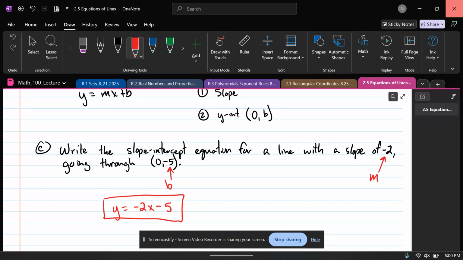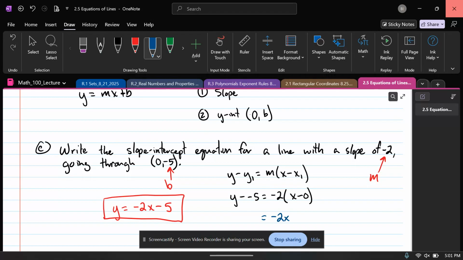Now, the neat thing is, if I started with point slope form and did this same work, I'd put y minus -5 is equal to -2 x minus 0. What's x minus 0? X. So on the right-hand side, I really just have -2x, correct?